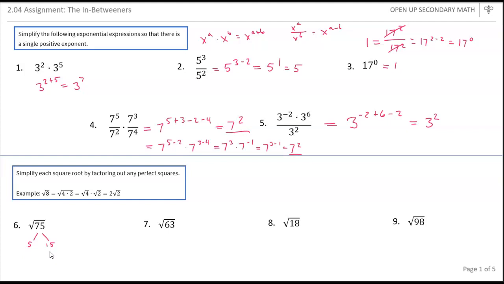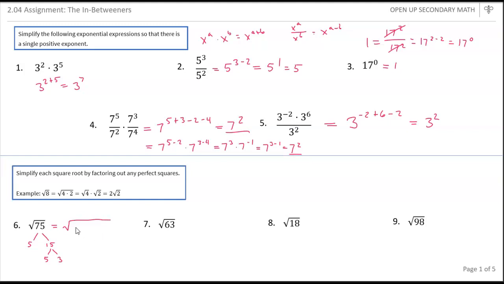We know that 15 is 3 times 5, so I can write 5 and 3. And 5 and 3 are both primes, so the prime factorization of 75 is 5 times 5 times 3.